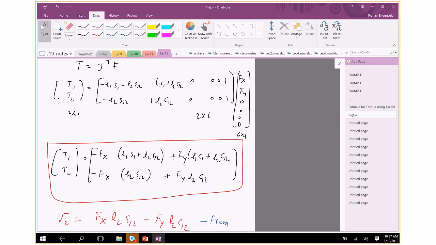It's basically switched by signs. The answer is right, it's just switched in signs. That'll be true also for this one. Let me clarify that.